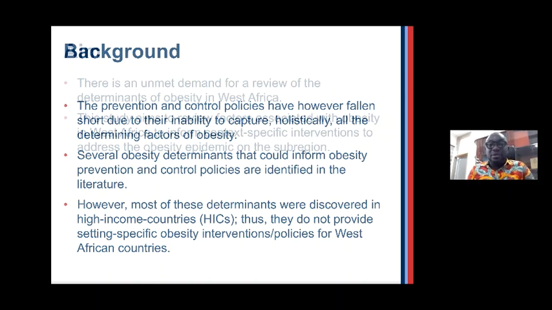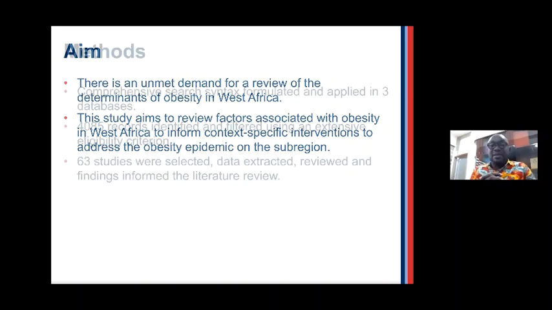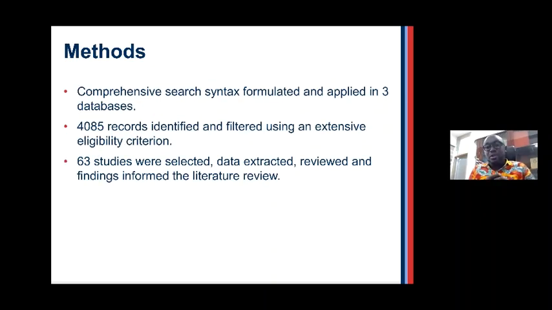The aim of the research was to review whether the demand for multi-level modeling of obesity was met by the literature, and to find other factors that were associated with obesity. These were the two main aims of the research. So we conducted a comprehensive search. About 4,000 records were found.